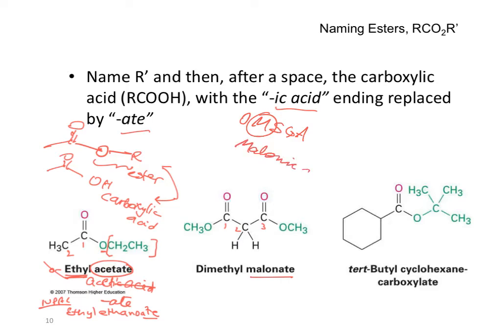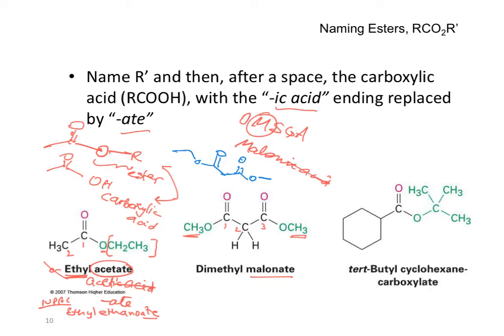Malonic acid, recall. So I'm going to drop the ic acid, it becomes malonate. And what's past the oxygen is a methyl group. So rather than calling it methyl-methyl malonate, I call it dimethyl malonate. I could also call this, since if let's say we had C double bond O, C double bond O, we have an ester, we have a methyl group.